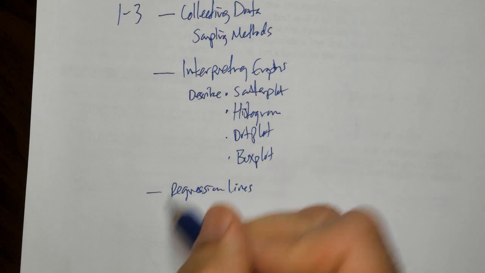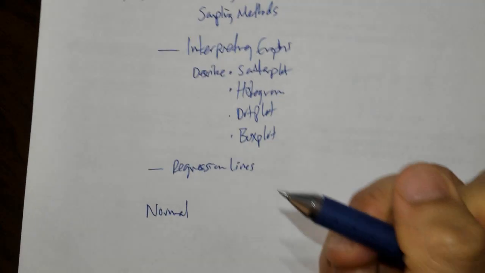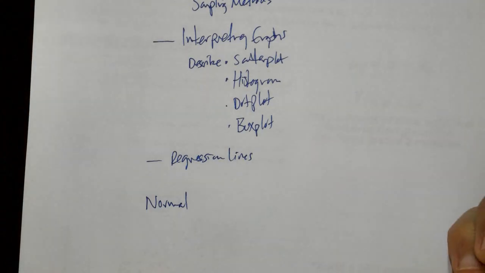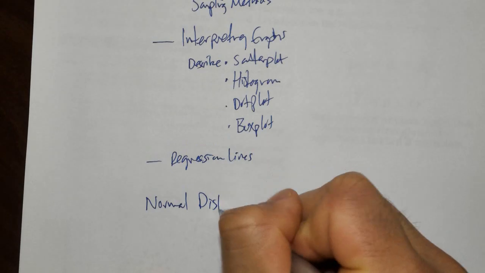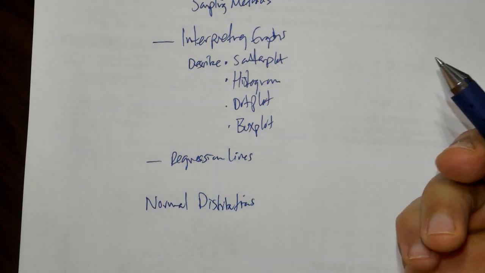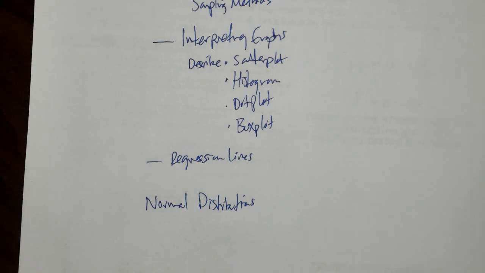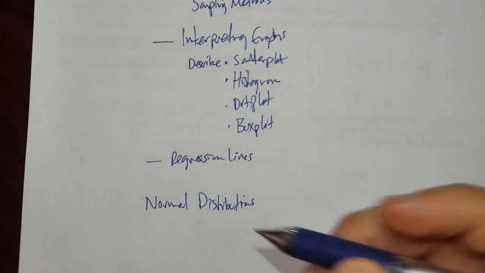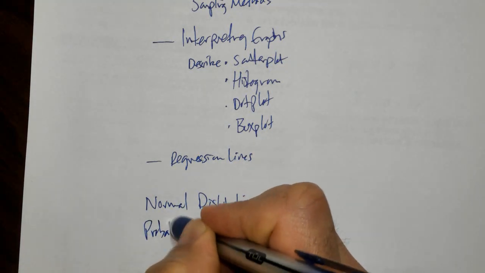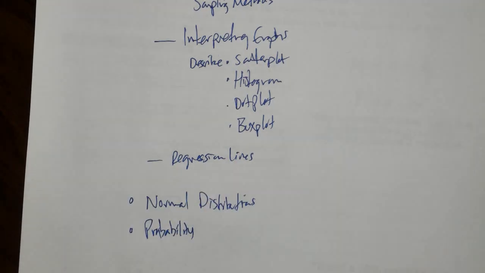Like normal calculations, like a z-score, interpreting it, calculating the z-score, right? So normal distributions. So you're dealing with z, and maybe a probability question in this topic, right? Those are the things that you can expect.